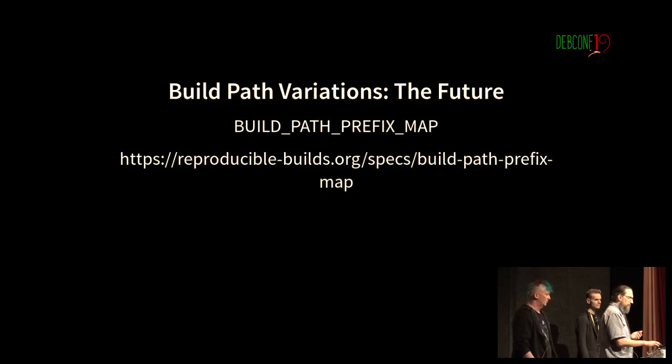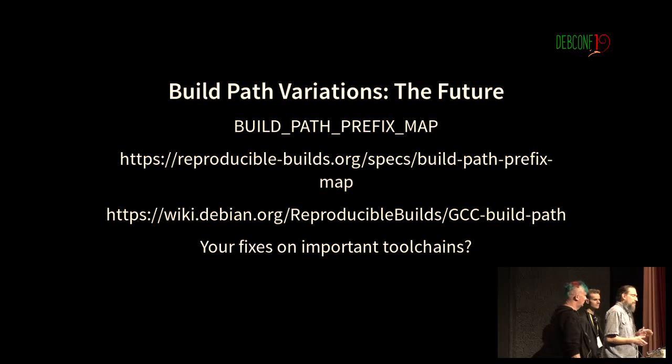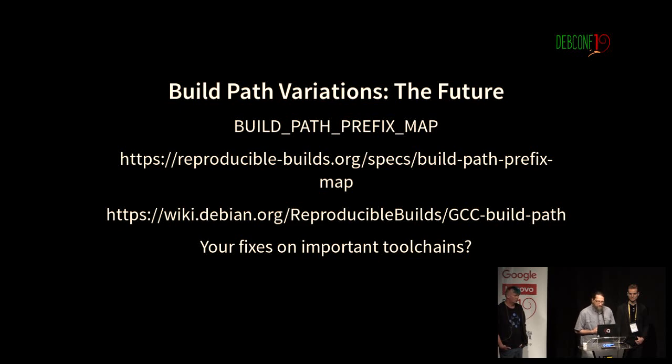But GCC maintainers didn't like embedding the results of a variable into the way GCC works, which is understandable. But we have some ideas about how to move forward on that. We documented them at the GCC build path wiki page on wiki.debian.org. And we would really love anybody who's interested in working on GCC or possibly other compilers to take a look at some of this stuff and join our project and fix some of these long-standing issues.